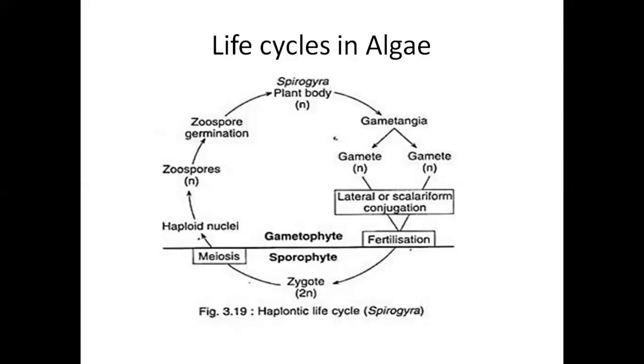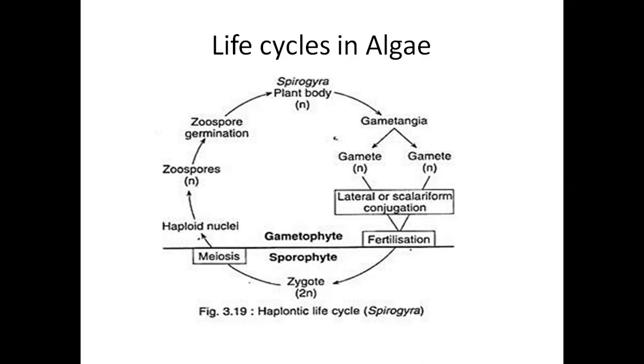During the meiotic division, it forms 4 meiospores. Now these meiospores form the haploid plant. Now the thing is how you can identify these life cycles, how you can identify the gametophytic stage, how you can identify the sporophytic stage. This alternation of generation can be interpreted only by the chromosome number.